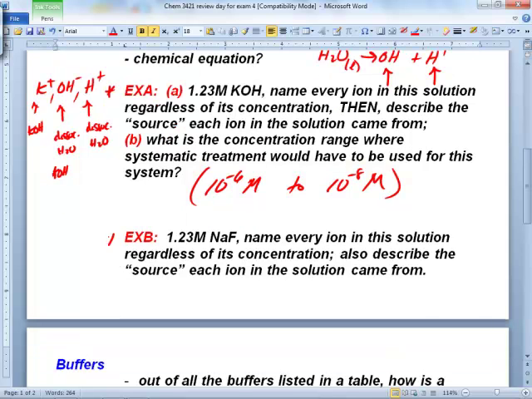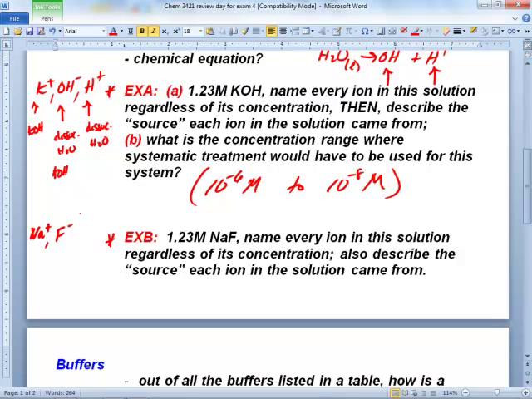Here's another one. Jamesa, 1.23 molar sodium fluoride. Name every ion in this solution. Na plus, F minus. Is that it?